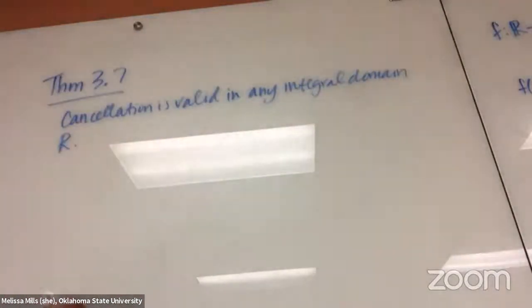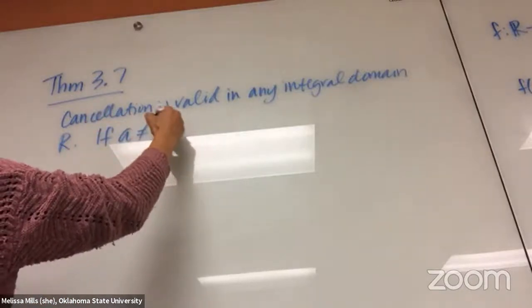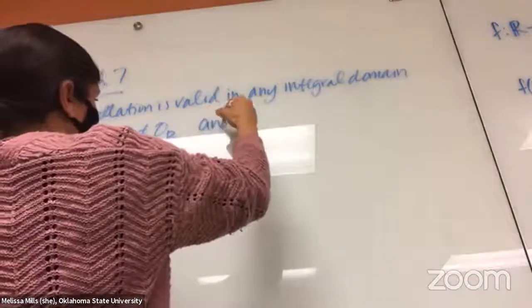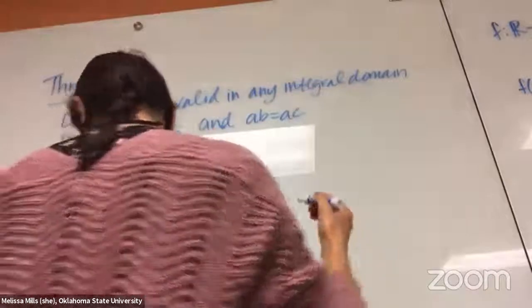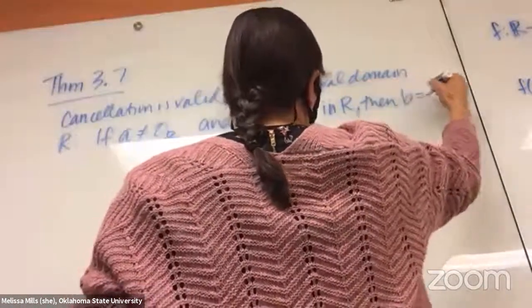What do we mean by that? What we mean by that is if A is non-zero and AB equals AC in R, then B equals C.